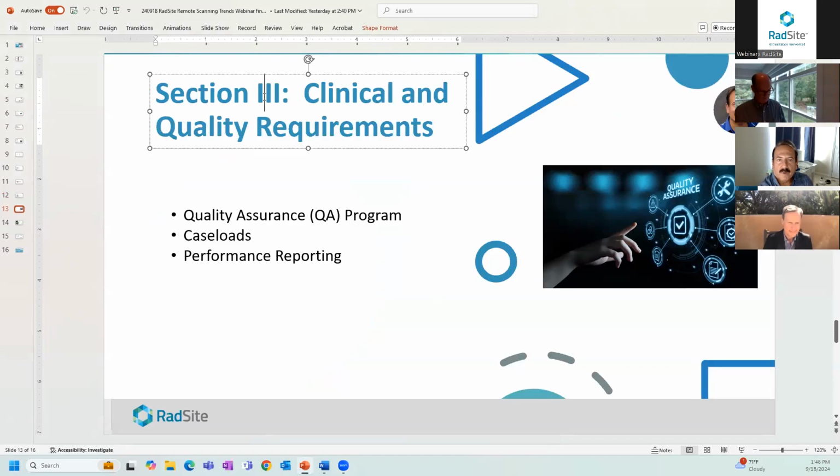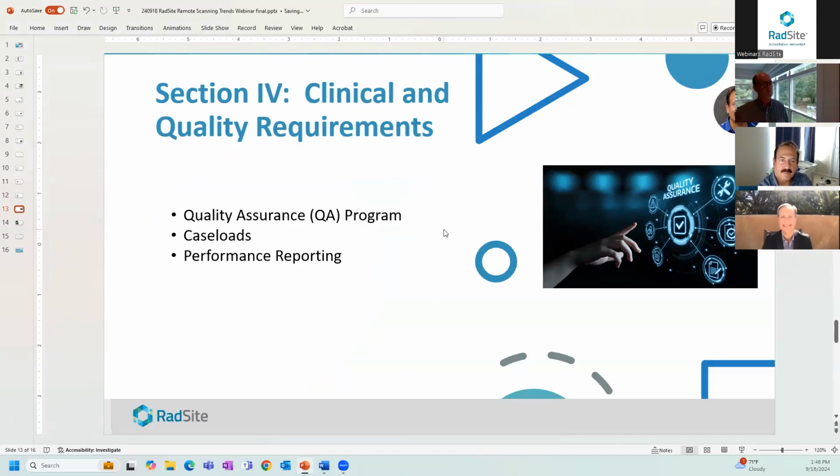And then with regard to clinical and quality requirements, I mean, this is really a favorite and really important point from my perspective. I'm going to be really fascinated as we end up getting data from a variety of different programs about the impact of remote scanning. What is the impact related to patient satisfaction, impact related to repeat rates or quality of examinations?